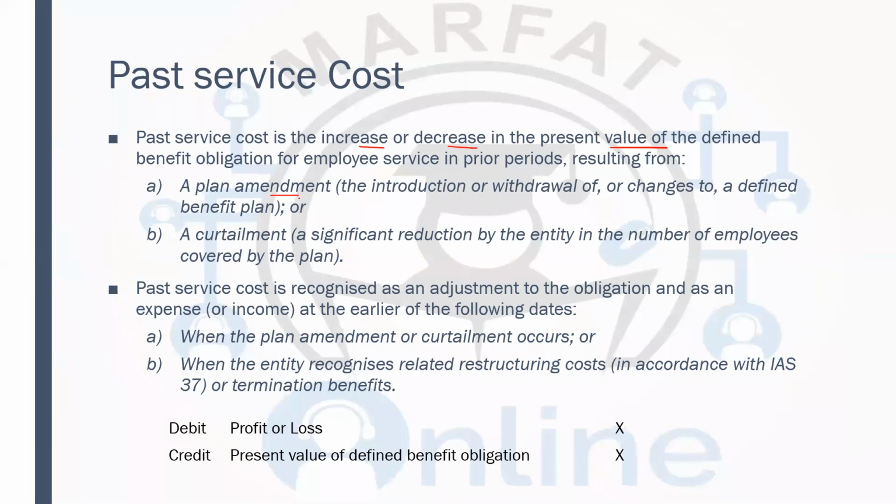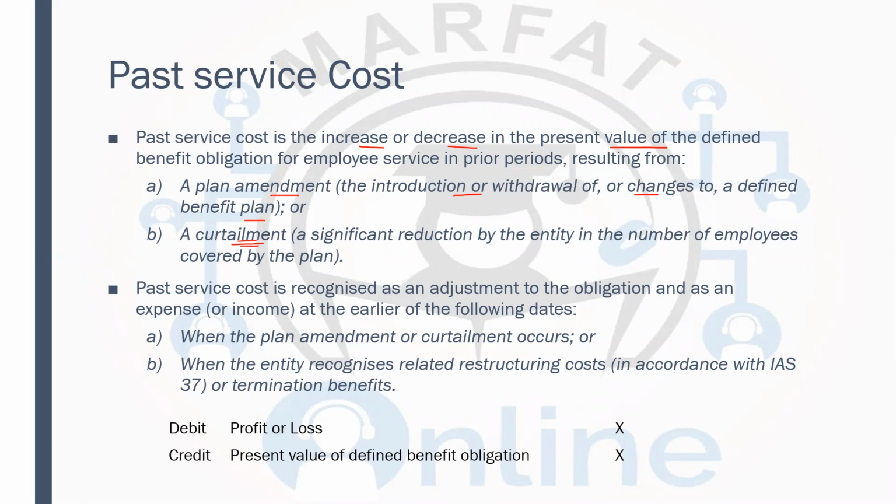For example, changes to the salaries, an introduction or withdrawal or changes to the defined benefit plan, or a curtailment. Now, curtailment means when there are redundancies. For example, the reduction in the number of employees, that is known as the redundancies. So when there are redundancies, there will be a decrease in the pension plan.